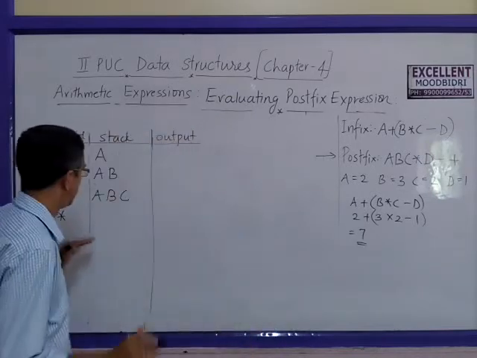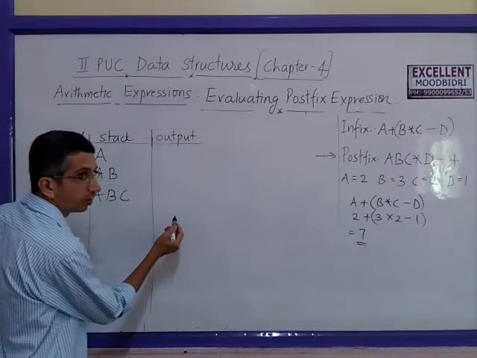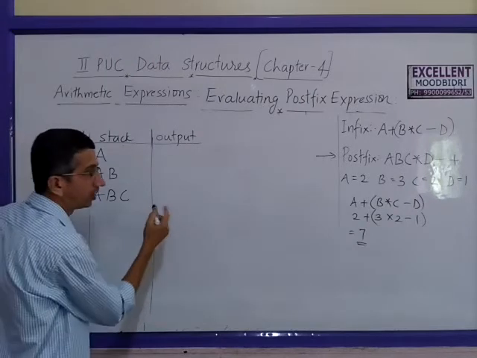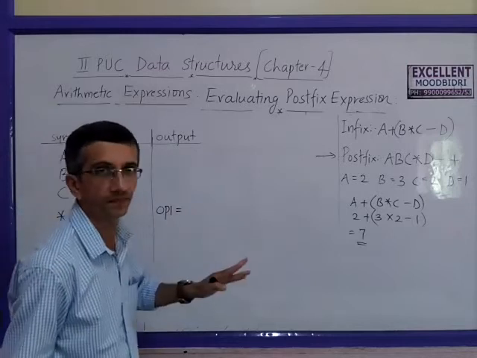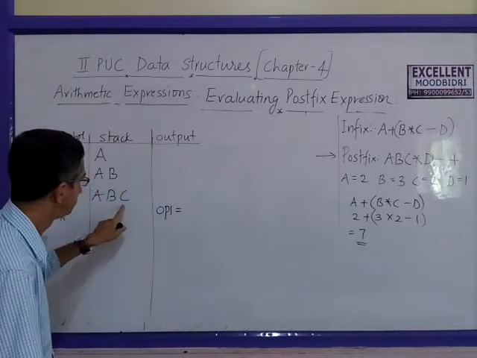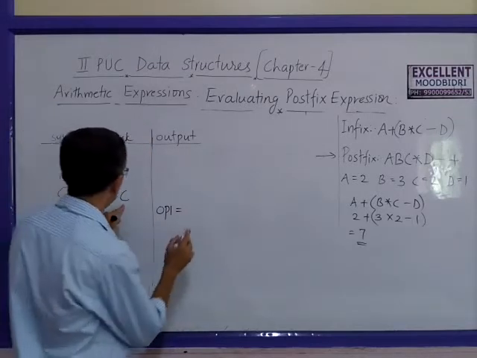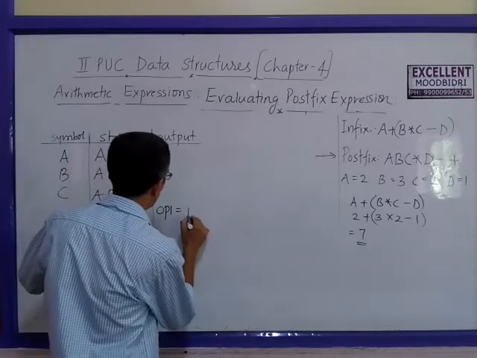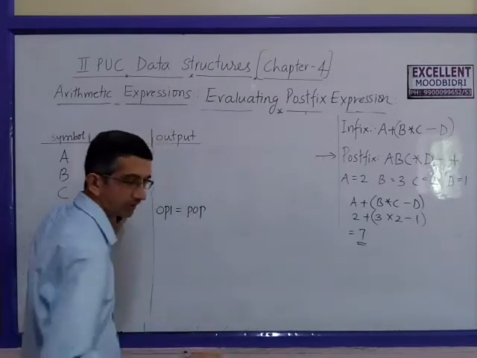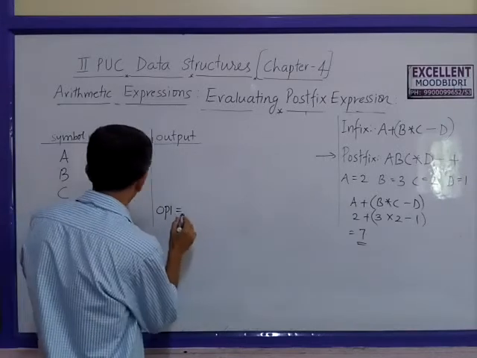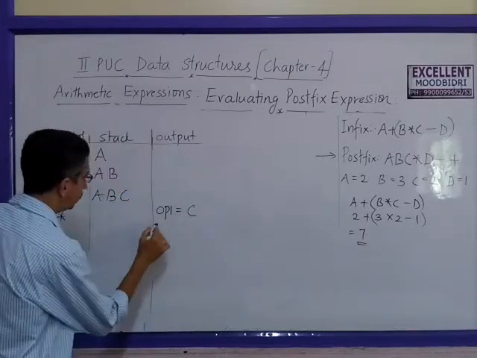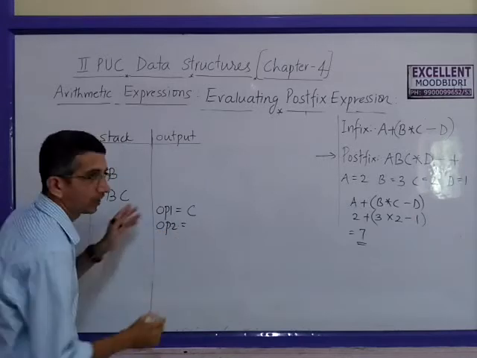I write here. So if it is an operator, then here you must write the operations output. Like operand 1 is equal to pop. First pop. Right? It is C. Correct? First C, you are getting first operand C. Operand 2, once again pop.